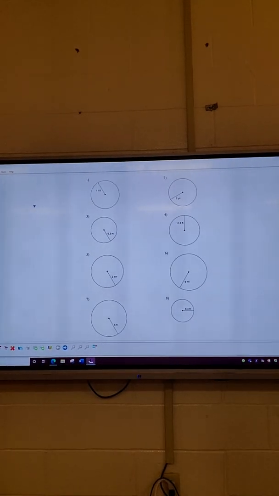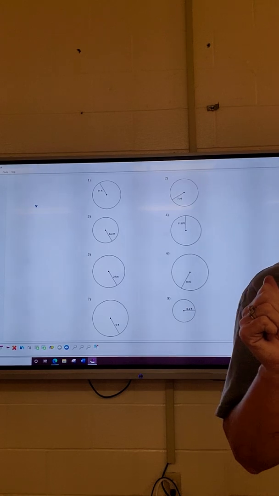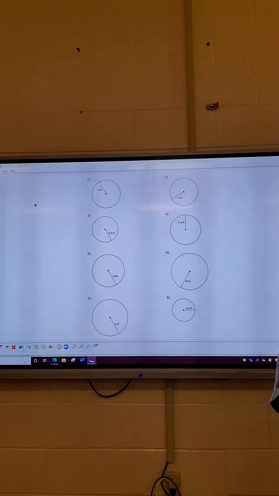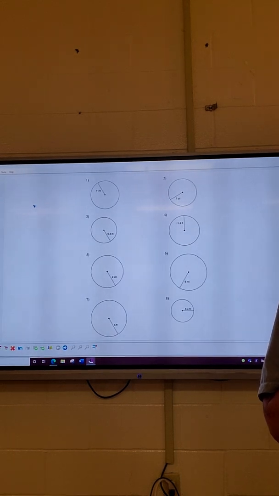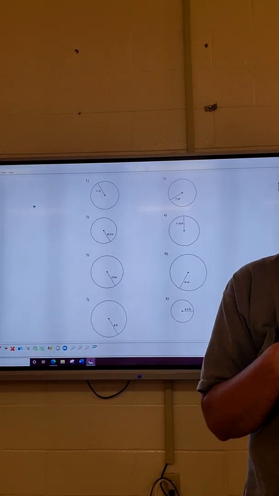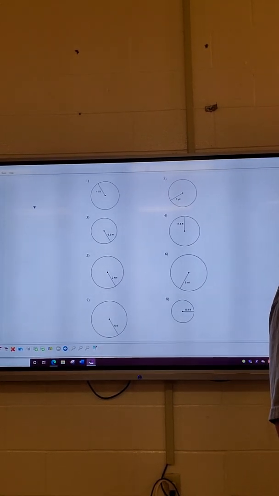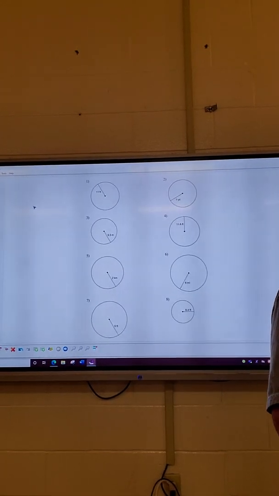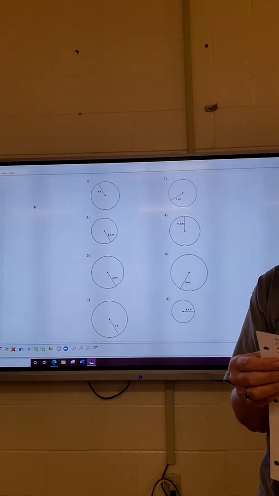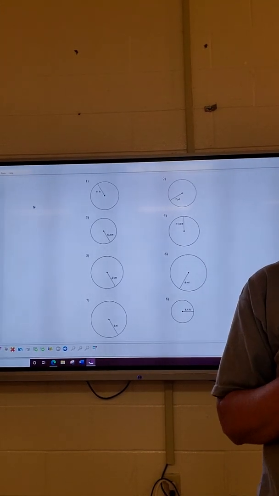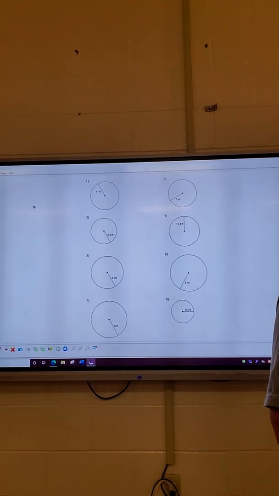All right, so hold up the color you used for circumference, and I want you to shade very lightly where it says C equals 2 pi r on the front. Gage, you'll have to draw a box around it. Highlight C equals 2 pi r on the front and C equals pi d on the back where we wrote the formula.